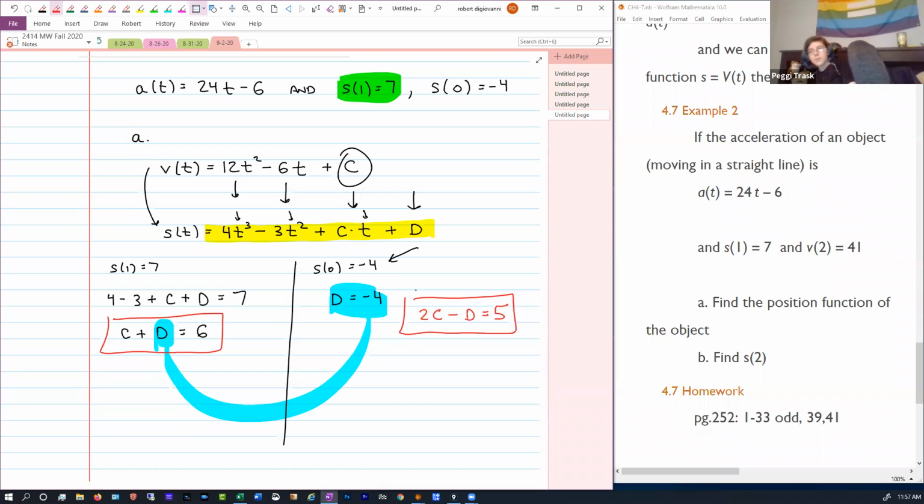So you've got to go back to college algebra and solve a system of linear equations, either using elimination or using substitution. Okay, so just be ready for that because it's going to come. System of linear equations.